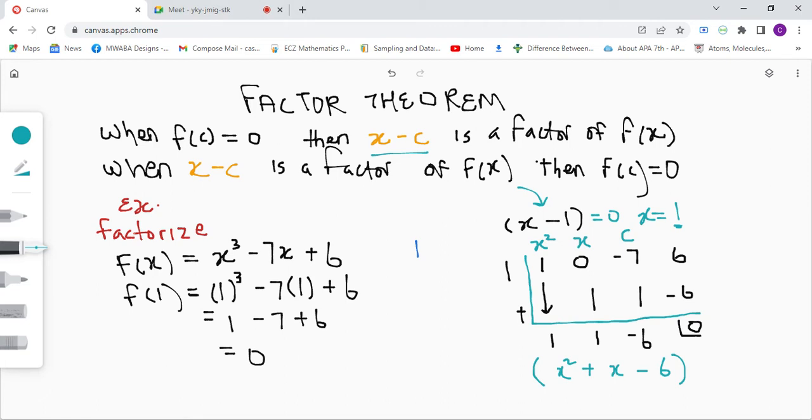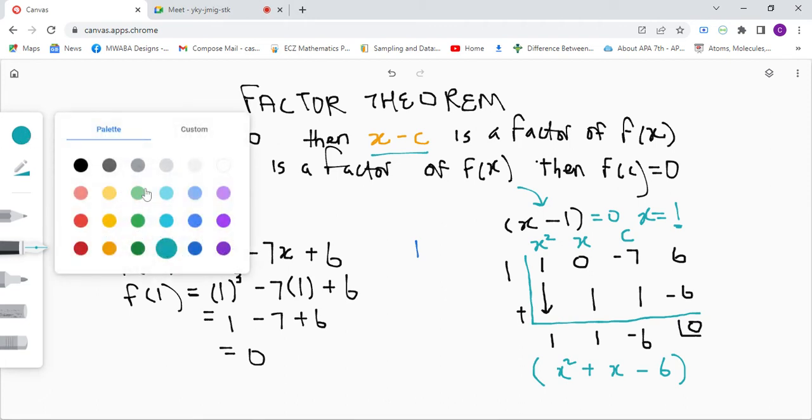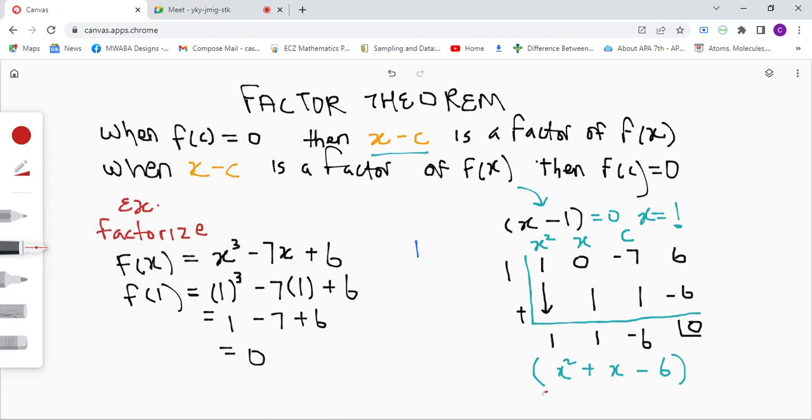If we remember how to factorize quadratic expressions, a quadratic expression is in the form of ax squared plus bx minus c. So we have to determine our a. A is just the coefficient of x squared, so a equals 1.